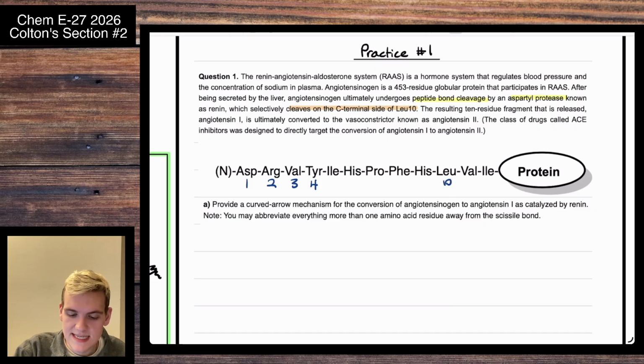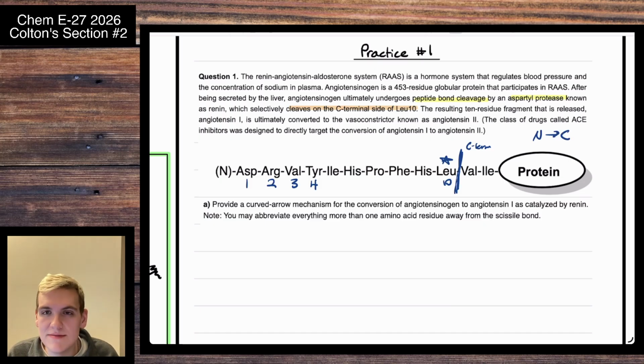So this is leucine 10. And they've told us that we are going to cleave on the C-terminal side. So if this is the N-terminal side, we are going to cleave here on the C-terminal side, because we always write our proteins N to C. And that's just a convention that we use as a class, and that most people use.